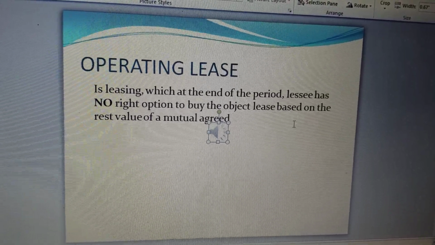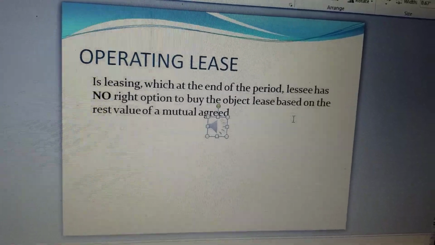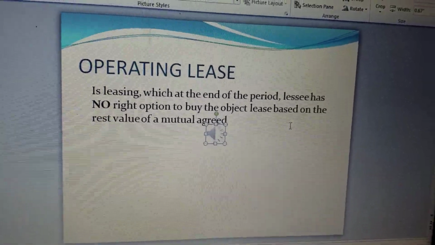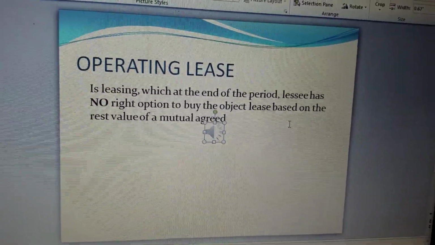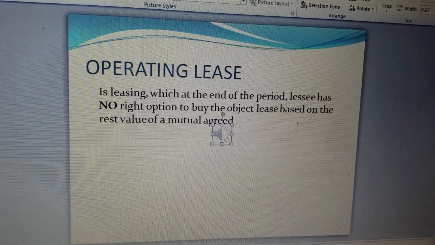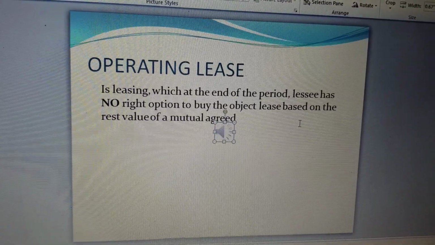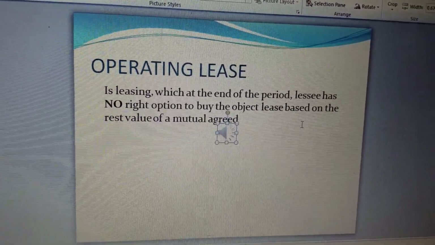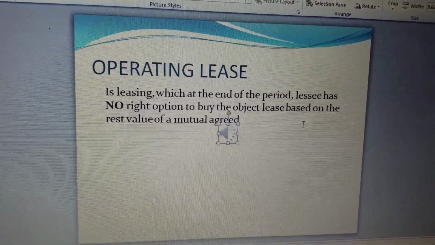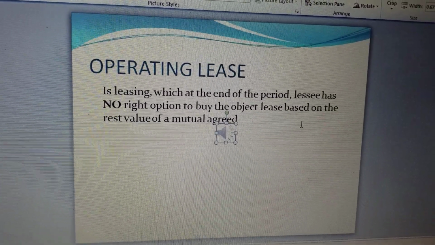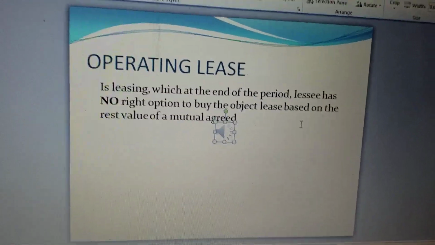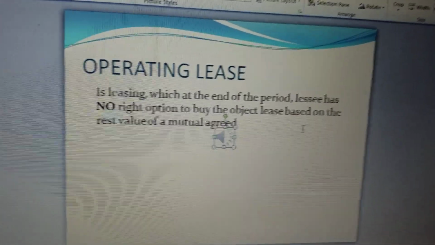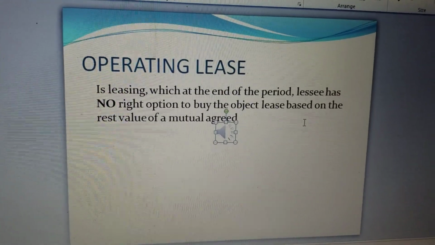So if you are a company who needs a machine and you make an engagement with the leasing company for 5 years, the lessor, the leasing company, will buy the machine and lease it to you. So you lease the machine from the lessor, you are the lessee. The lessor here is the financing company. So you lease it for 5 years.